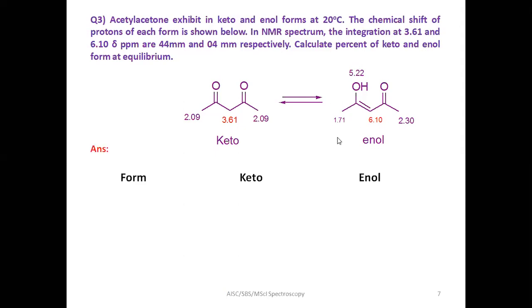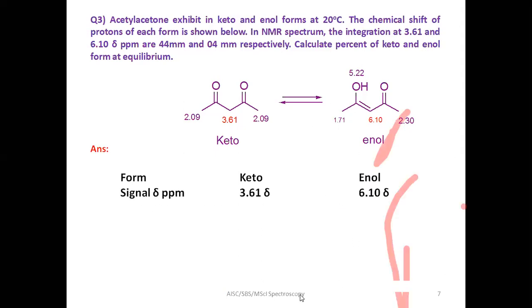That is the keto form, and this is the enol form. The signal delta ppm is given, so delta is 3.61 and 6.1.